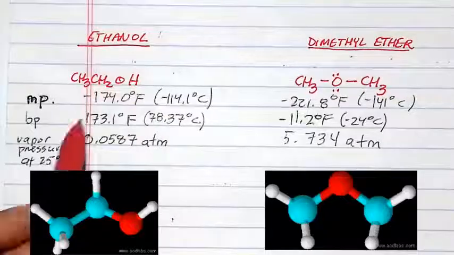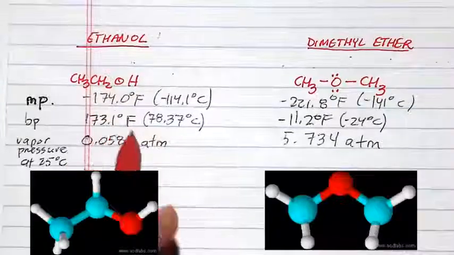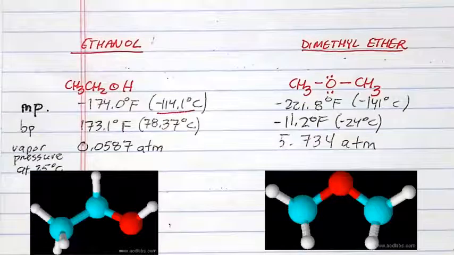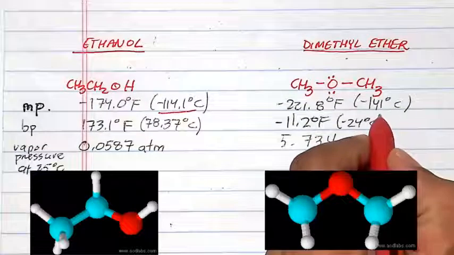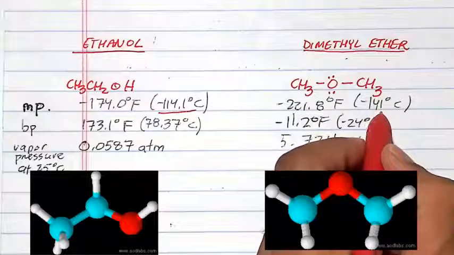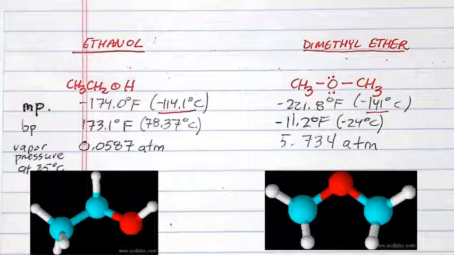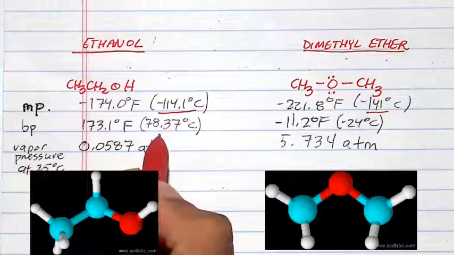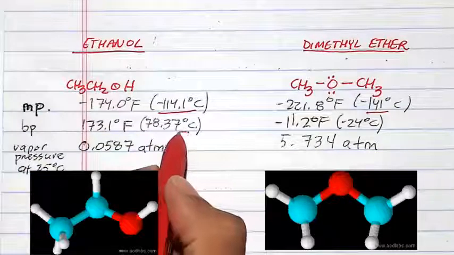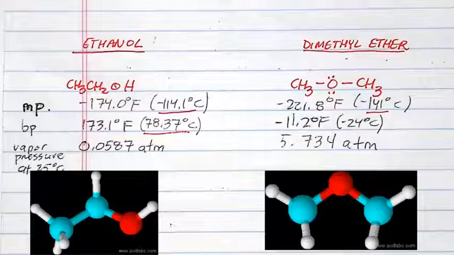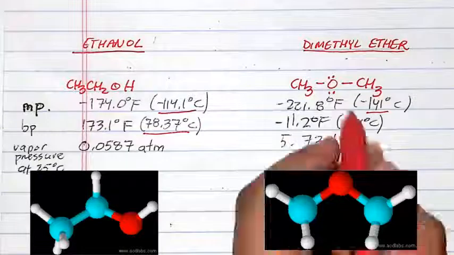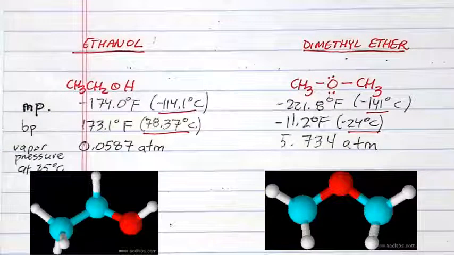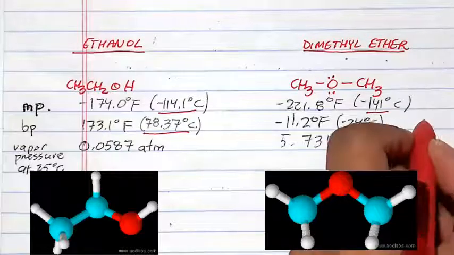This data, the melting point of ethanol is actually minus 114.1 degrees. Compare that with the melting point of dimethyl ether, and it's minus 141 degrees C. If you look at the boiling point of ethanol, it is 78.37 degrees Celsius. And look at the boiling point of dimethyl ether, minus 24 degrees C. So that is a resounding difference.